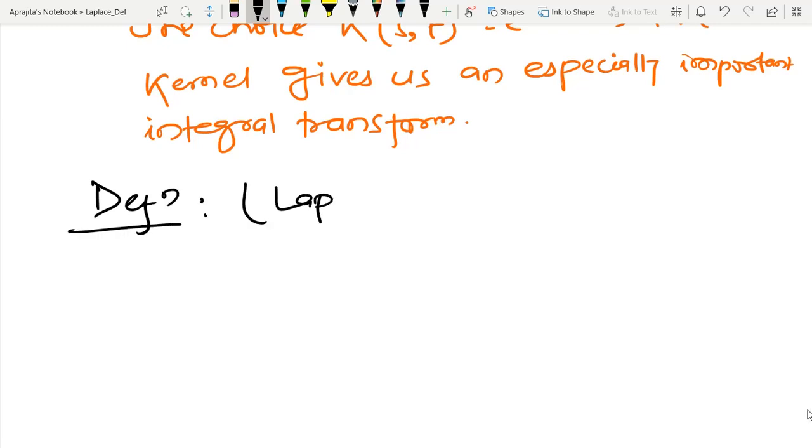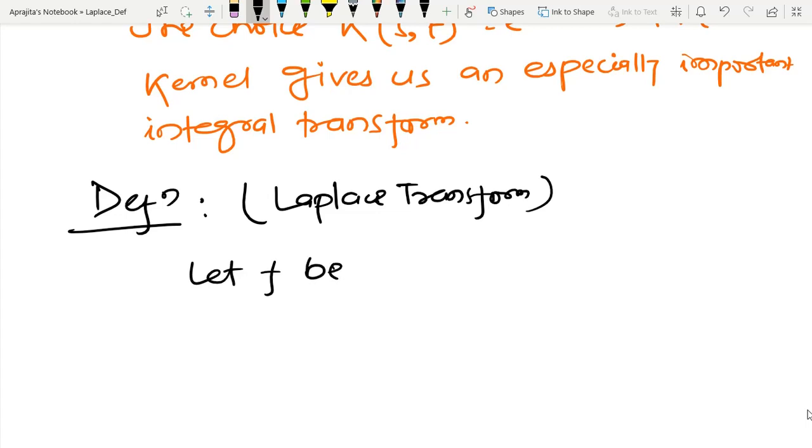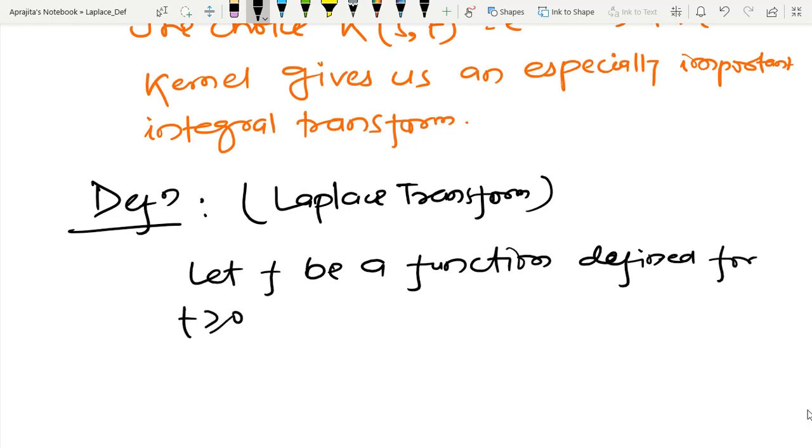So now I have the Laplace transform, and the definition is like this. I am going to first write the mathematical definition, and after that I will again discuss more about this definition. So let f be a function defined for t greater than or equal to 0.